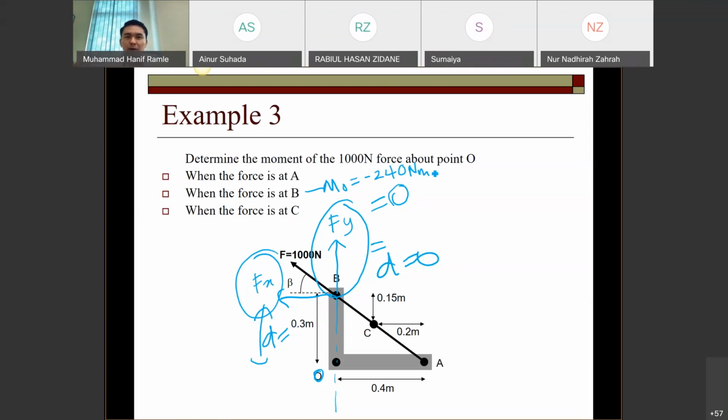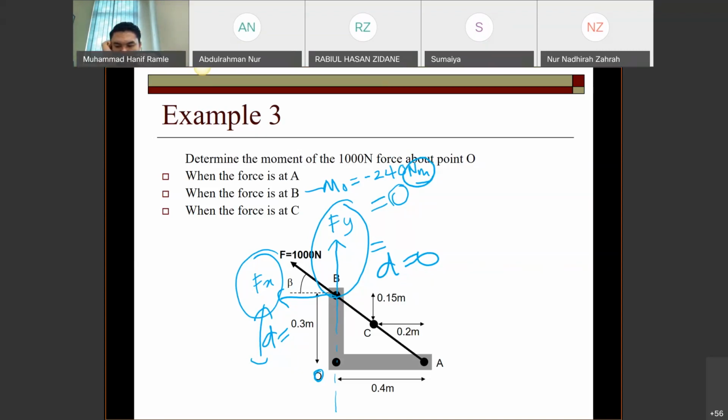Make sure in your final answer you put the direction, the value, and also the unit. If I find there is no unit in your answer sheet, I will deduct your mark. So this is what you have to put. Okay, can I proceed to the next? C, is it negative 200?